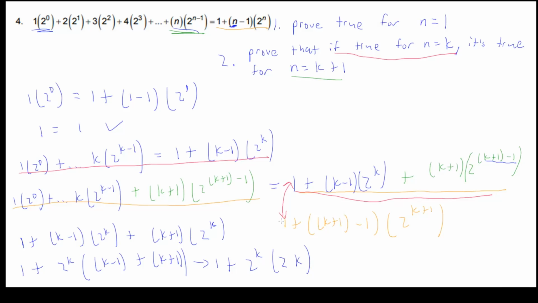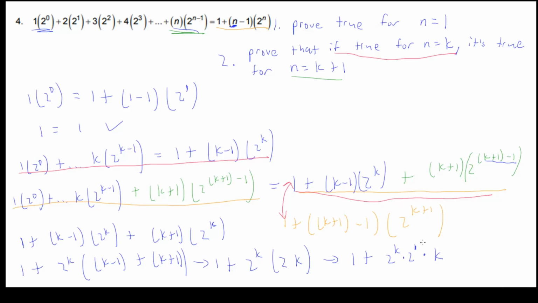Okay, so I can also rewrite this as, so 1 plus 2 to the k times 2k is the same as 1 plus 2 to the k times 2 to the 1 times k. And we know that if you have the same base raised to a different exponent, you can add the exponents. So 2 to the k times 2 to the 1 is the same as 2 to the k plus 1.